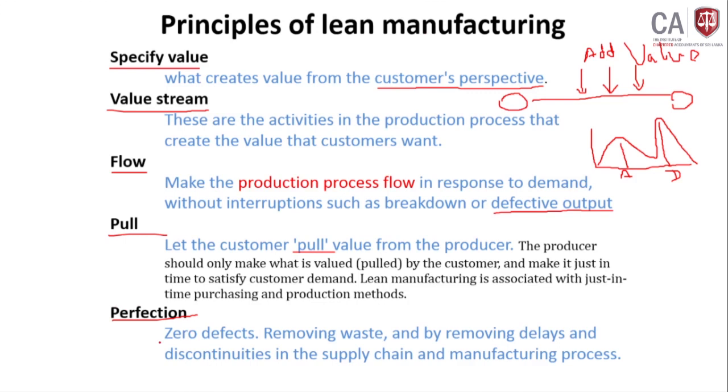It is because there should not be defective product, zero defect, right, and removal of waste, and by removing delays. Removing delays is what? The delays in giving the product to the customer, the delays in the supply chain, those things have to be removed.